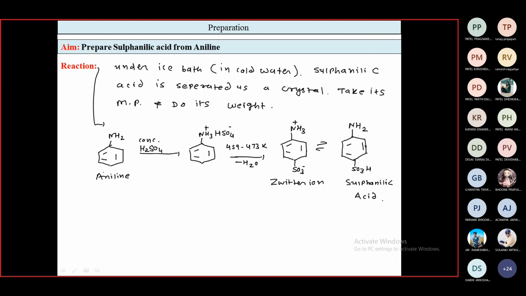Now how to calculate the theoretical yield? That is very important. In order to calculate theoretical yield, you require the molecular weight of aniline, which is 93.13 gram per mole, and the molecular weight of the product, sulfanilic acid, which is 173.2 gram.